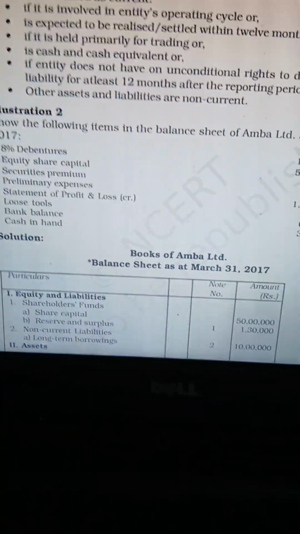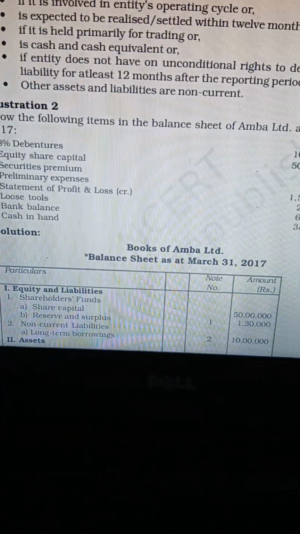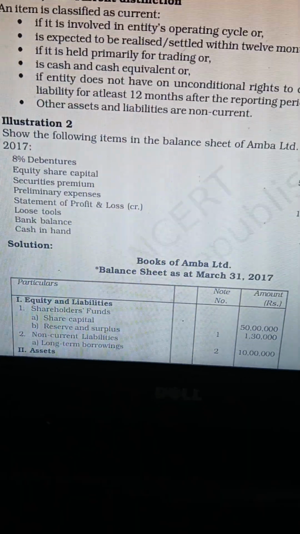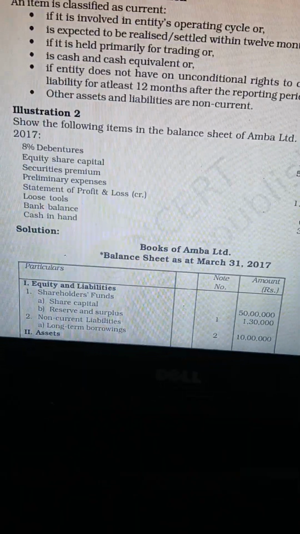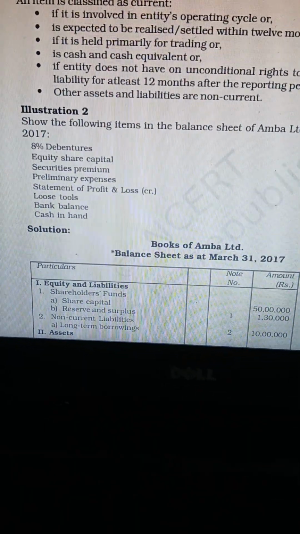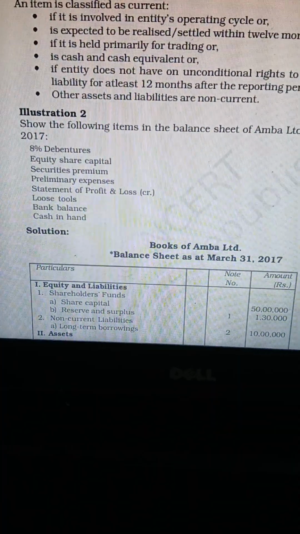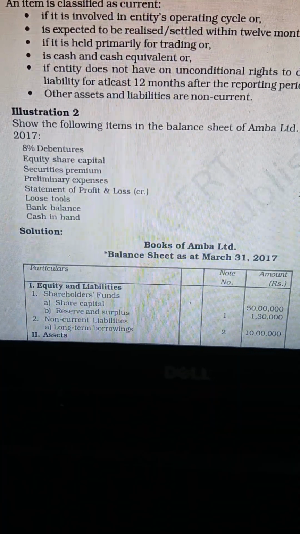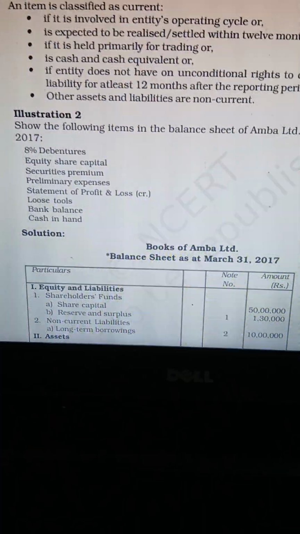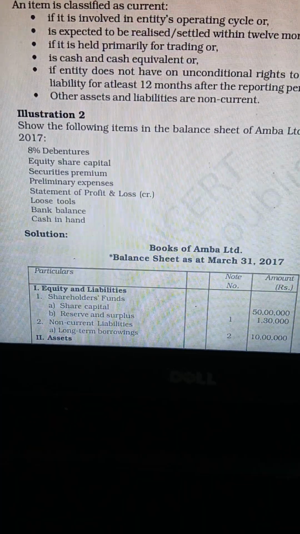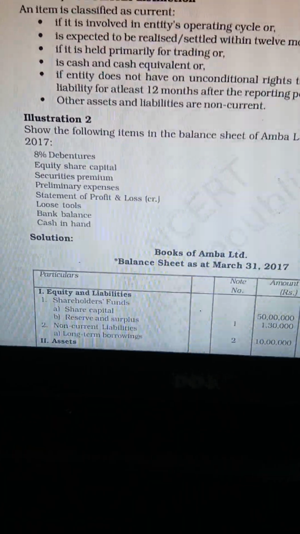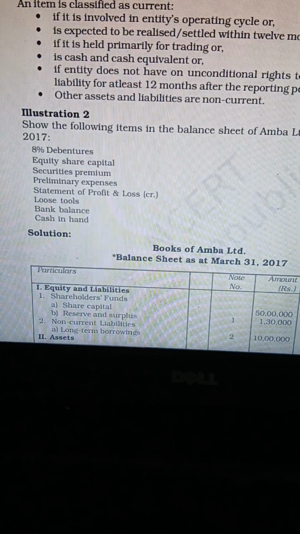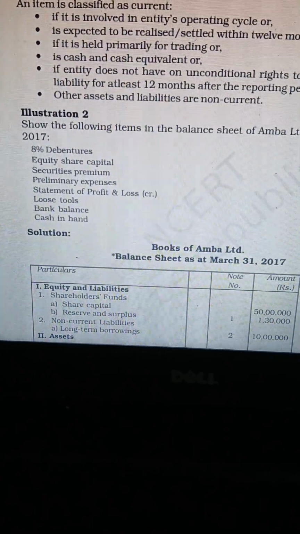Then here is a problem. Show the following items in the balance sheet of Amba Limited as on 31st March 2017. 8% debentures, 10 lakh, equity share capital 50 lakhs, securities premium. Securities premium is the amount that a company gets when it issues its shares at a premium amount.